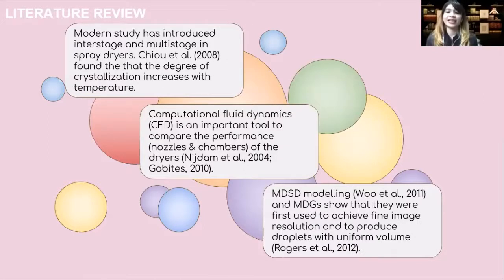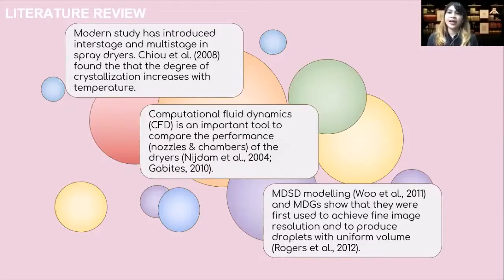Modern study has improved the spray dryer, where common improvements include, number one, the interstage and multi-stage spray dryers. In 2008, Chow et al. found that the degree of crystallization increases with temperature. Second, CFD. CFD has been used as an important tool to compare the performances in nozzles and chambers of the dryers.